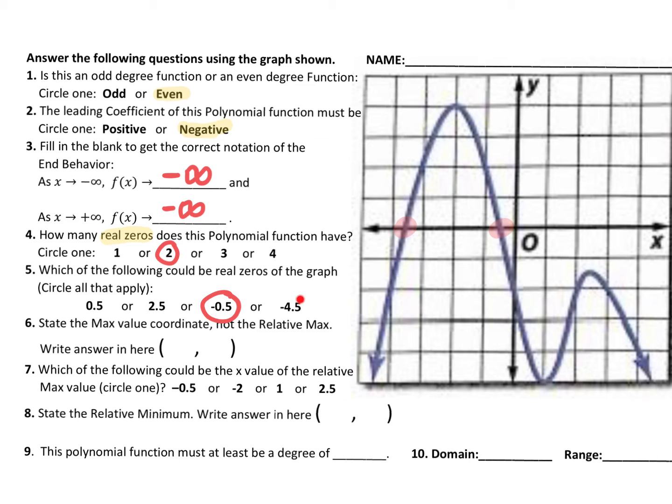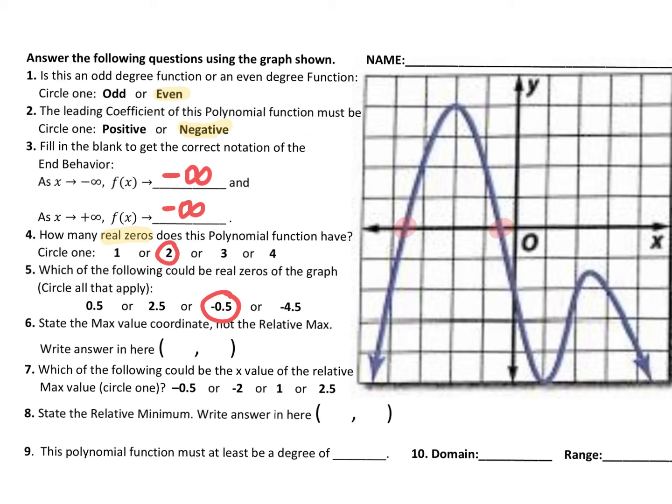And what about that last one, negative 4.5? 1, 2, 3, 4.5 right here? No. So that one's not it either. Technically, your x-intercepts, your solutions, your real zeros are negative 0.5 and also negative 3.6, but that obviously is not there. So this is the only one that works out of those possible answers.